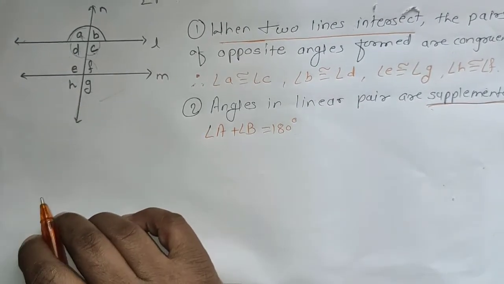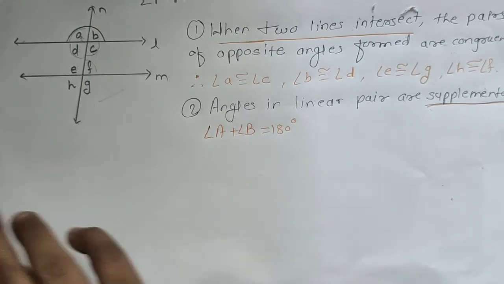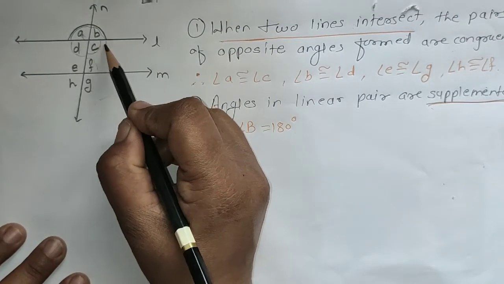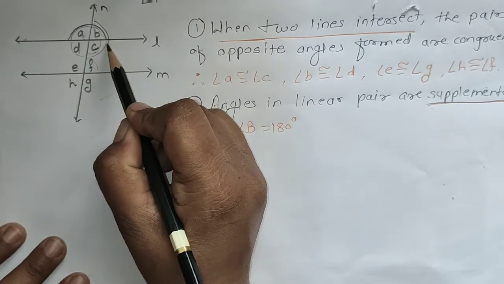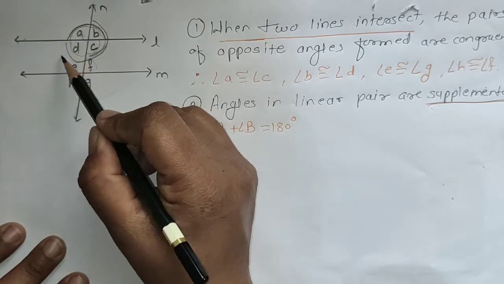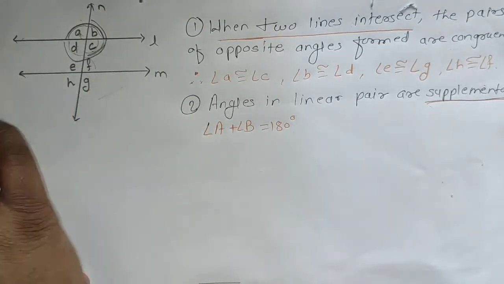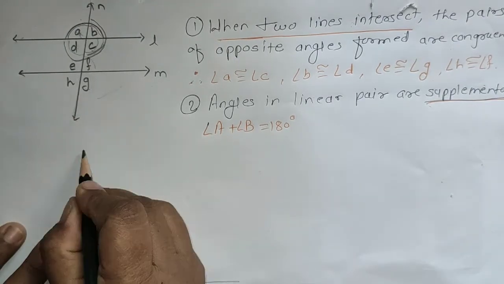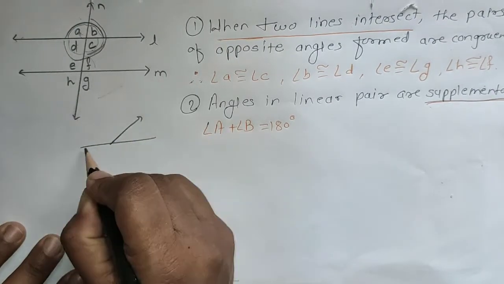So how many angles are there here which are in a linear pair? Here AB, BC, then DC, then DA, they are in a linear pair. A linear pair means angles which are on a straight line.